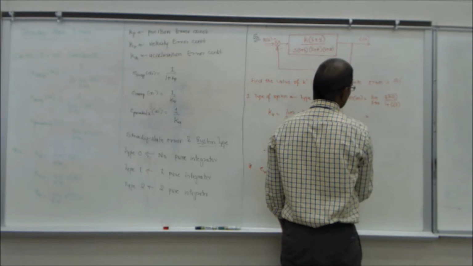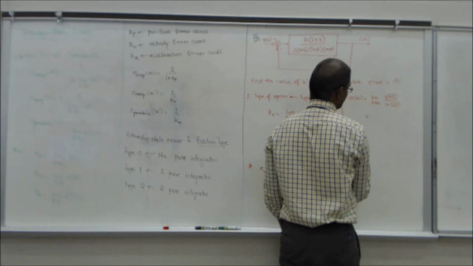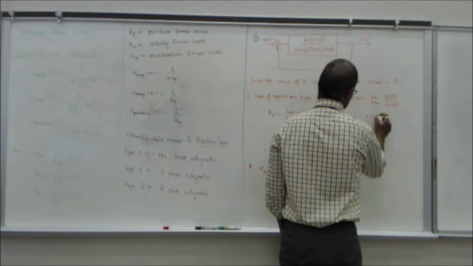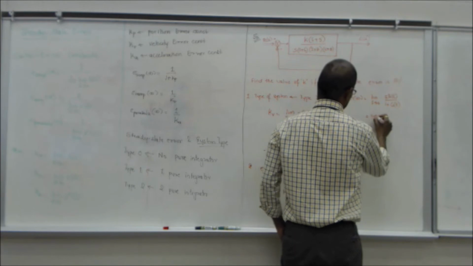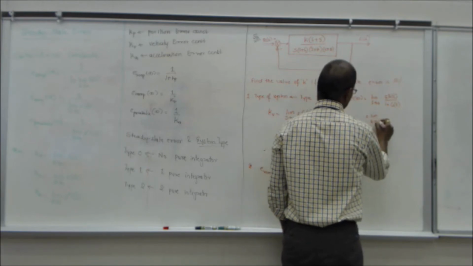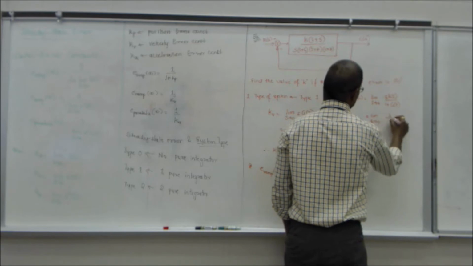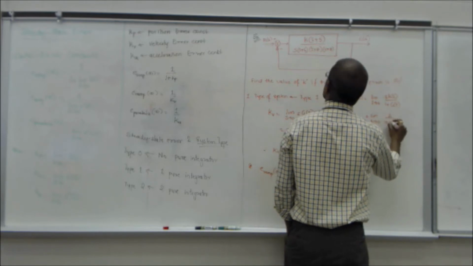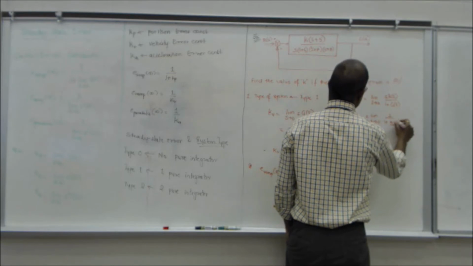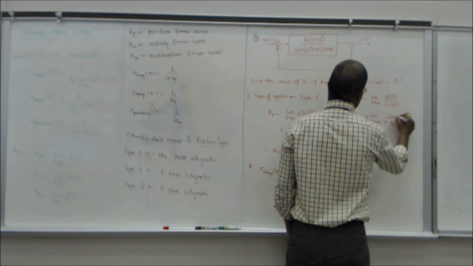What is this for a step input? We have the limit, so it would be 1 over 1 plus G of s, with s equal to 0. With K, PI, this would be 1 over s into s, right?